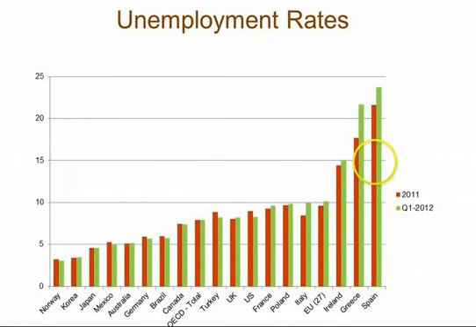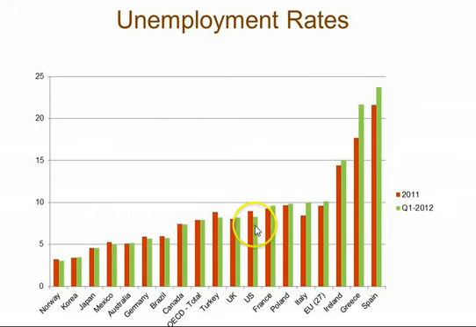So you could see that in 2012, this is the green bar. You could see that we're measuring from the lowest unemployment rate, Norway, to the highest unemployment rate in Spain, and this is just amazing. You're talking about almost a 25% unemployment rate. Now, keep in mind, during the Great Depression in the United States, the unemployment rate peaked at about 24%. So Spain is experiencing unemployment rates equivalent to the Great Depression in the United States in the 1930s.